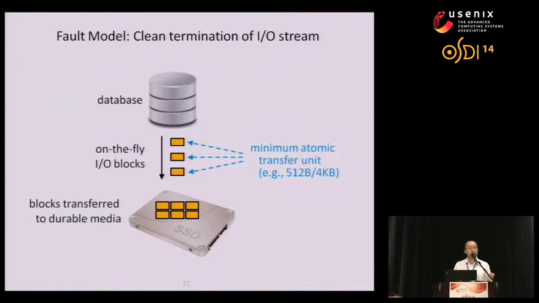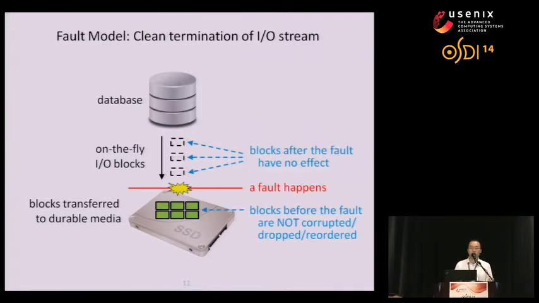A fault can happen at any time. But once a fault happens, all of the on-the-fly blocks have no effect on the underlying storage media. And all of the blocks transferred before the fault are durable without any corruption. As you can imagine, this is probably the simplest scenario a database may face under power outages or system crashes.